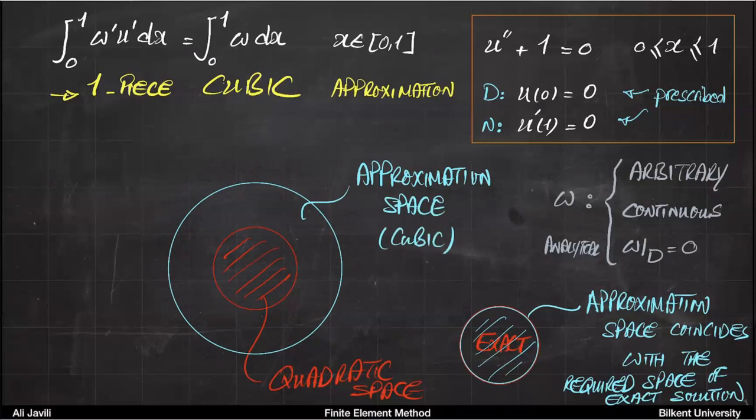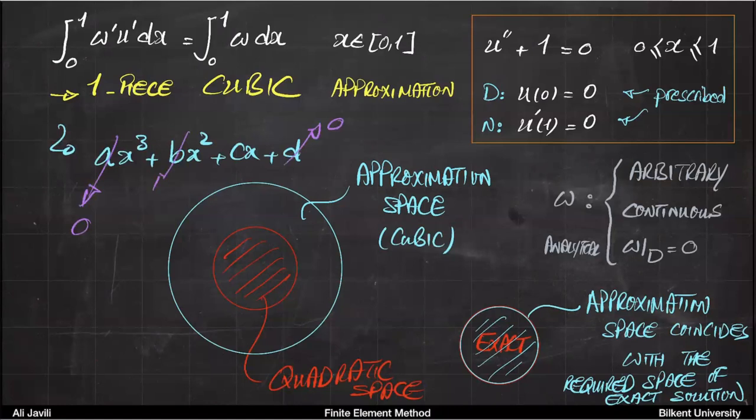So let's say your approximate solution is something like, I don't know, a x cubed plus b x squared plus c x plus d. Obviously what can happen is that a could be 0, d could be 0, b could be minus 1/2, c could be 1, and still this would include the quadratic solution.